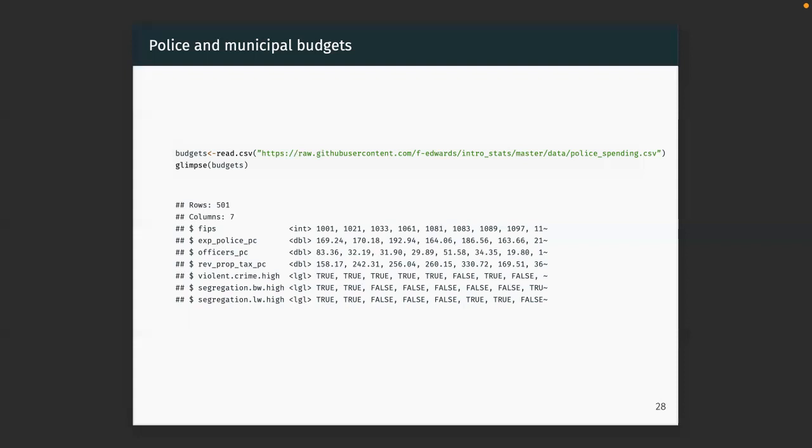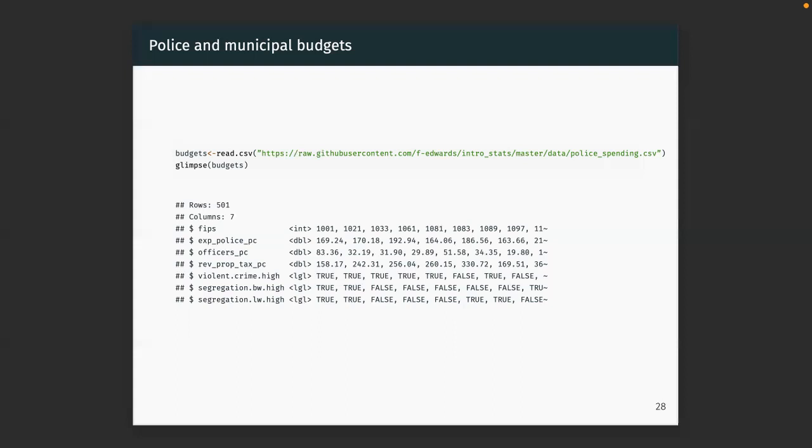In this county, they spend $169 per person on police in a given year. Officers PC, I think, is scaled to per 1,000. So this is how many officers there are per 1,000 residents: 83.3 in this county, 32.1 in this county. This gives us a measure of officers per person. How many officers are there relative to the population size?